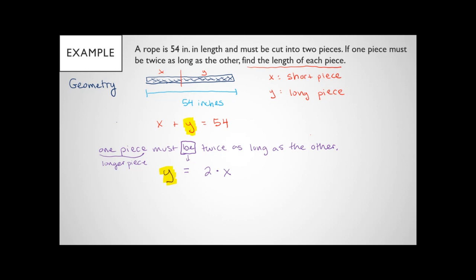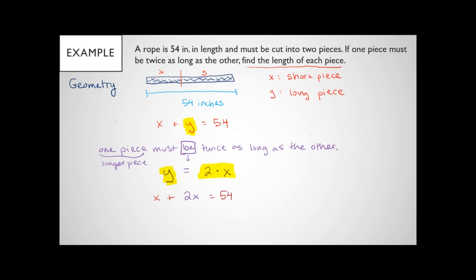What that means is if y is equal to 2x, then I can replace y with 2x in my first equation. So I can rewrite that first equation as x plus, and then instead of y, I can write 2x because that's what y is equal to. And then that equals 54.